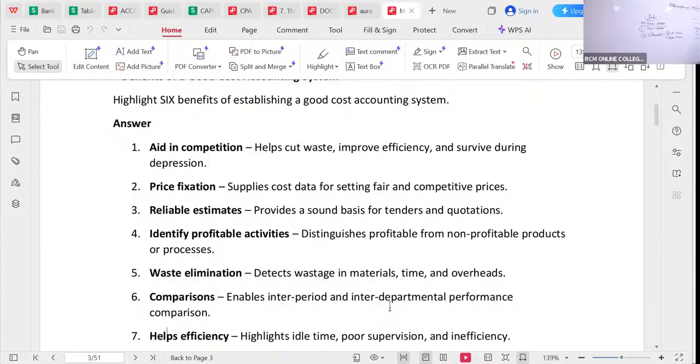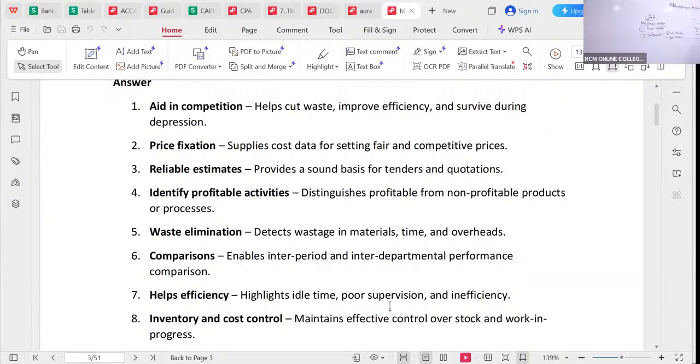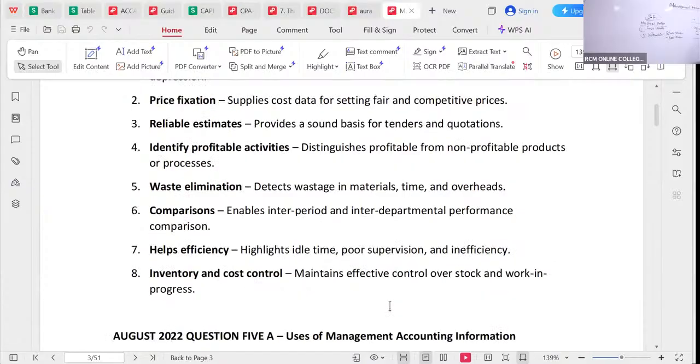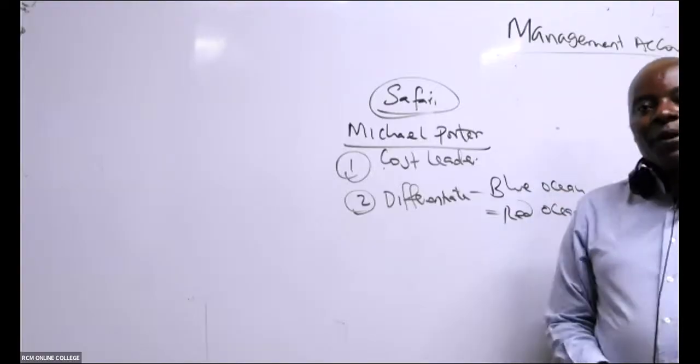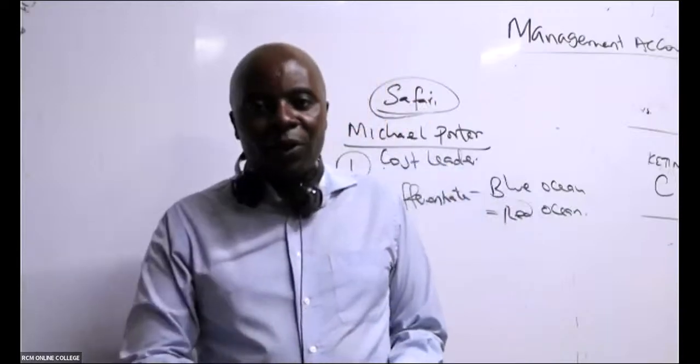It seeks comparisons, enabling inter-period and interdepartmental performance comparison, helps efficiency, and highlights idle time of employees, poor supervision and inefficiency. Inventory and cost control maintains effective control over stocks and work in progress.